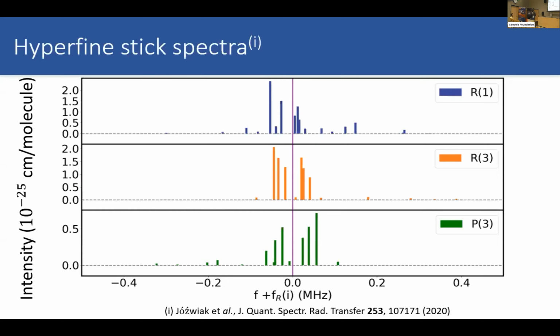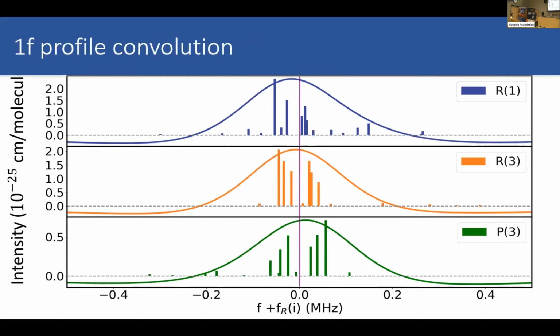Then we continue because there's an additional obvious effect due to the hyperfine spectra, because in the R1, R3 case, it spans a very broad range, and also the center of mass of the hyperfine spectra can give rise to additional issues. If you use a very simple, really crude simulation, where we don't do any optical Bloch equation, we just put the 1F dispersive variation that my colleague explained earlier, and we just use a convolution with all the hyperfine structure, you can clearly see the maximum of this 1F is shifted compared to the center of mass.